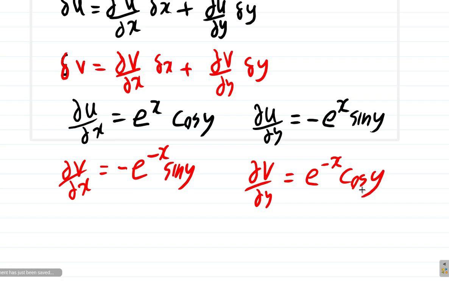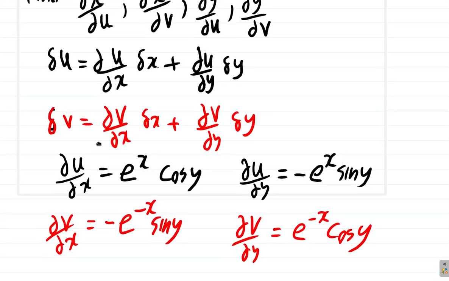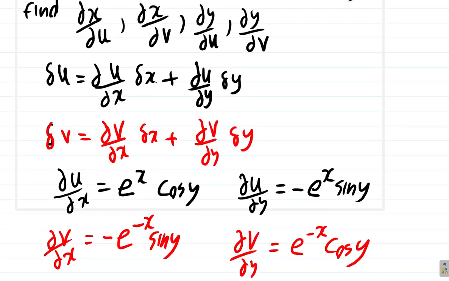Alright, good. Now, take a moment to look at this. Here, this is del v by del x. You're supposed to find del x by del v. That's why it says inverse. Alright? And it's not a case where you can just put del x over del v here, so you put 1 over the other. No, that's not the case.